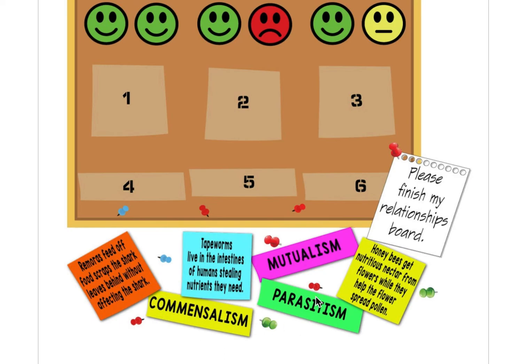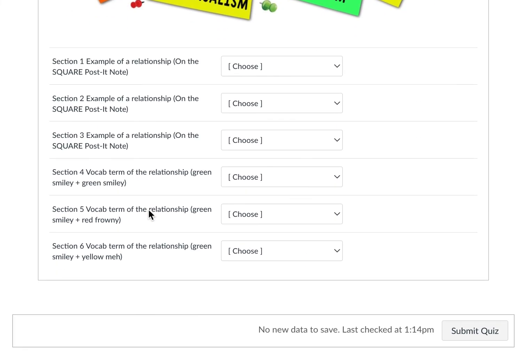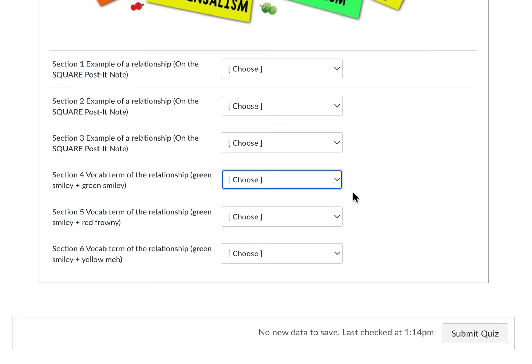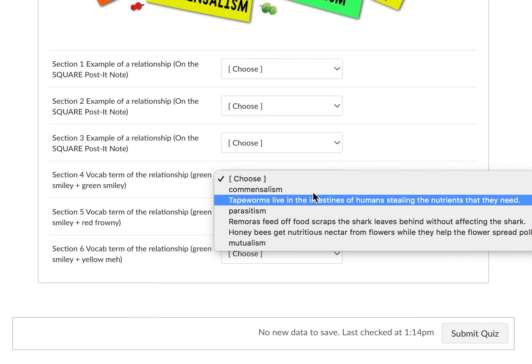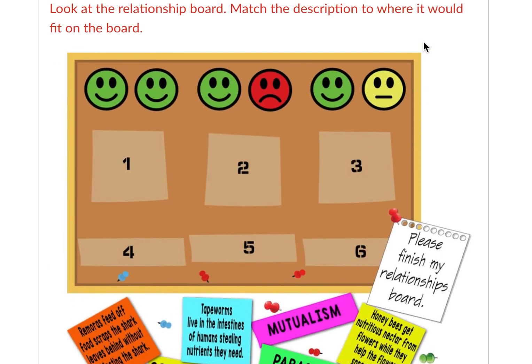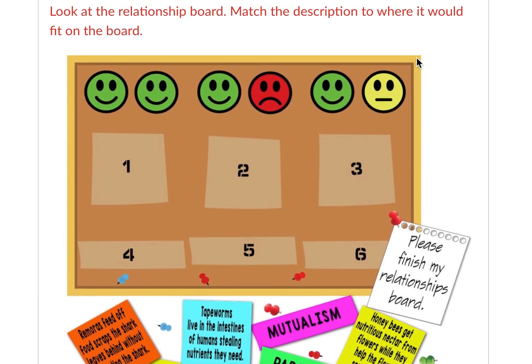You'll need to look up those terms, and then you will assume that that goes in number 4. And then when you go down here, go to the number 4 and pull out that name. So when both are happy, that's the name that you would want to put there for that number 4. So that's how you finish that ecosystem escape room activity.